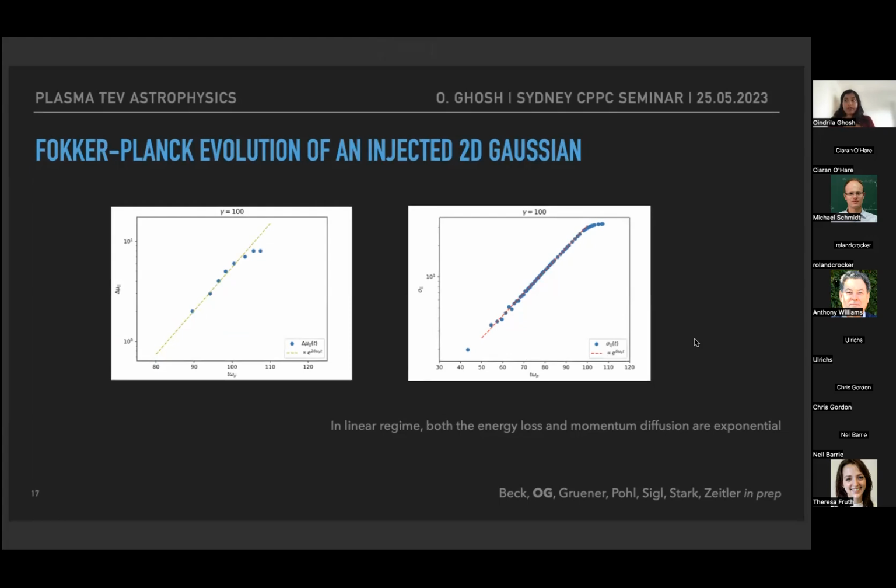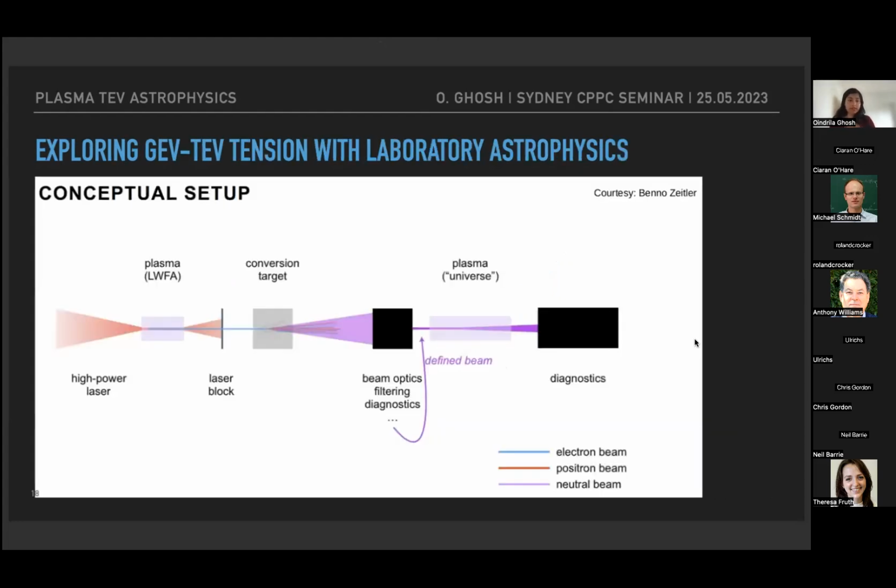So in the next part, I would show which of these findings could be explored as well in a laboratory setting. So at DAISY, there's a proposed experiment where a high-powered laser goes through a plasma created in a laser wakefield accelerator and hits a tungsten target. And this would then produce electron-positron pairs.